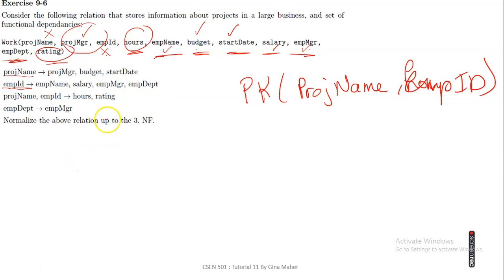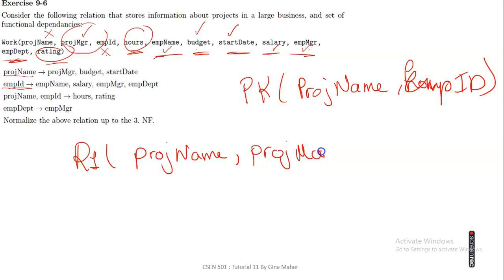In order to fix this, we should decompose so that we will have a relation R1 with project name and the attributes that are dependent on the project name, which are the project manager, budget, start date.